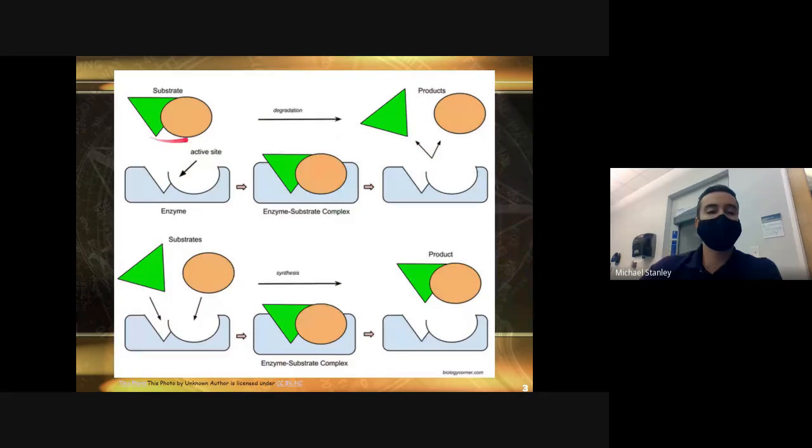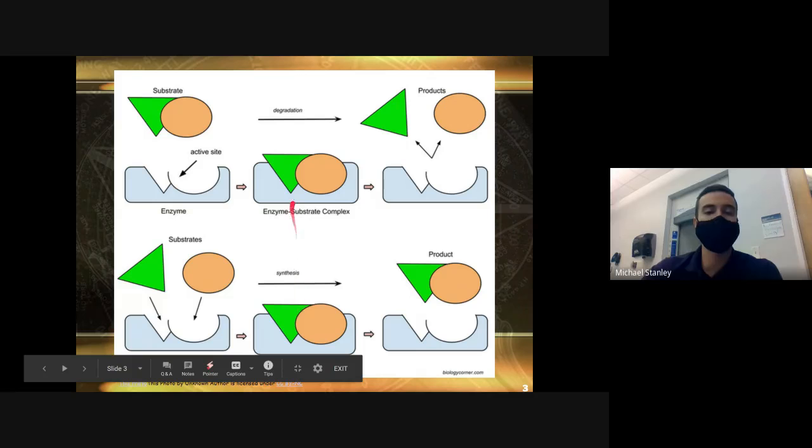So we have our substrate, we have our enzyme, and we have our active site. And whether we've got one big substrate or two smaller substrates, the substrate is going to bind to the active site. The enzyme will then make the reaction happen. It'll go very, very quickly.